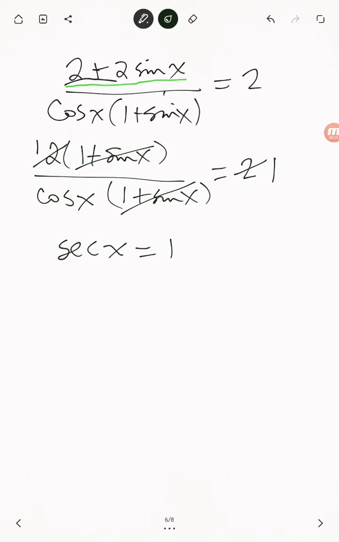Why? Pause me and answer that question. It was the wrong thing to do because I can't solve it directly from secant x, so I need to change it back to cos x anyway. I'm going to do that here, and then I'm just going to cross multiply, which gives me cos x equals 1.